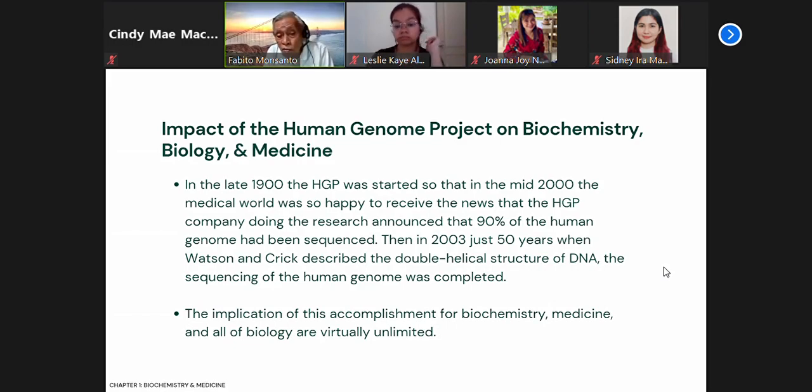So if one company is able to finish it and patent it, all of the research done on the DNA could not proceed unless they have the permission of that particular company who sequenced the genome.